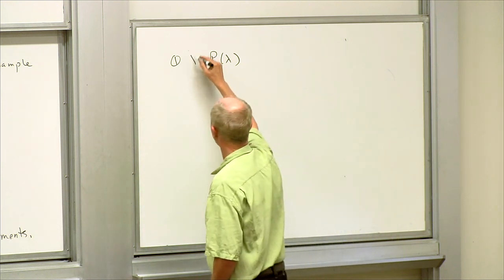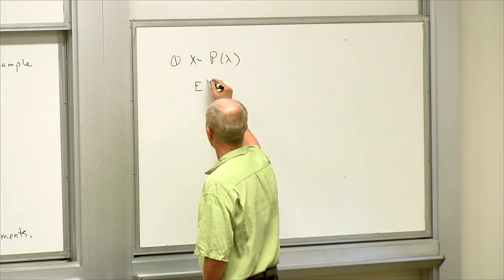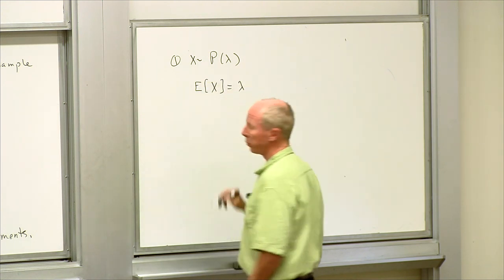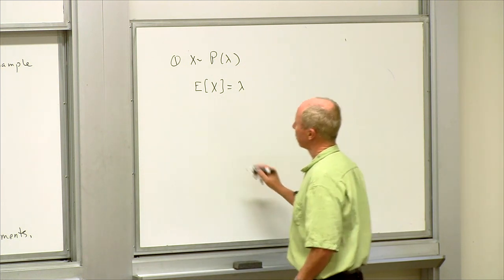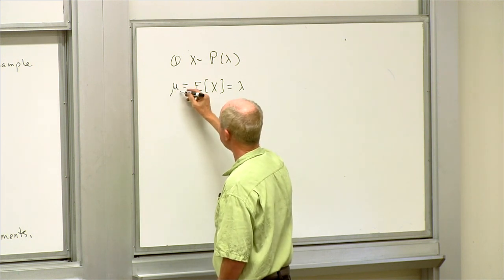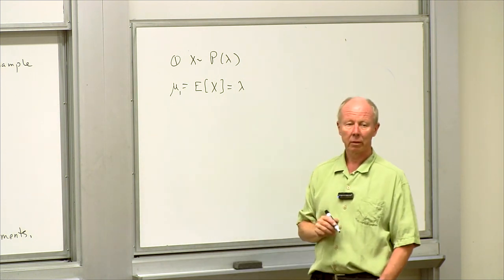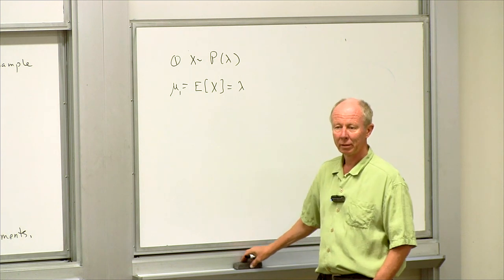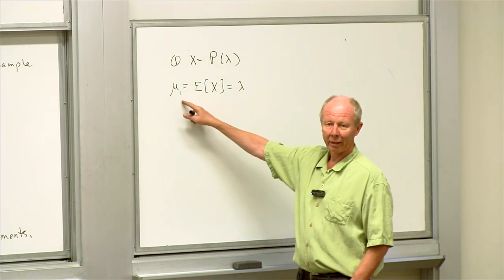If X is Poisson with parameter lambda, the first moment of X is lambda. So I call that mu. Mu, the first moment. Maybe we use mu with a subscript, or do we use mu with a superscript? Mu2, I guess we could decide.